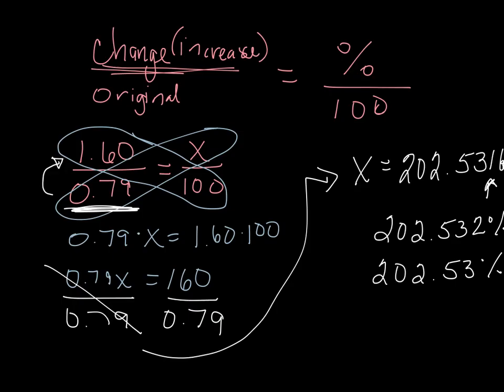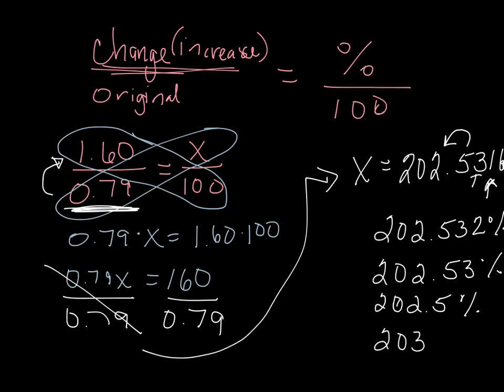If I wanted to round it to the tenths place, I'm going to be looking at that 3. So the 5 remains the same. That would be 202.5%. Now, the only one really that would end up going up is if I rounded it to the nearest percent. I have to look at the 5, and the 5 tells me to round up.